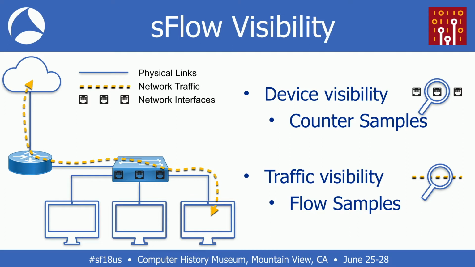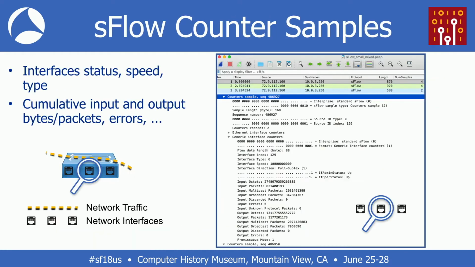With the counter samples, we are able to read the status and the traffic of the switch interfaces, whereas with flow samples, sFlow is able to provide us information on the packets that are traversing the switch. So let's have a closer look at those samples.